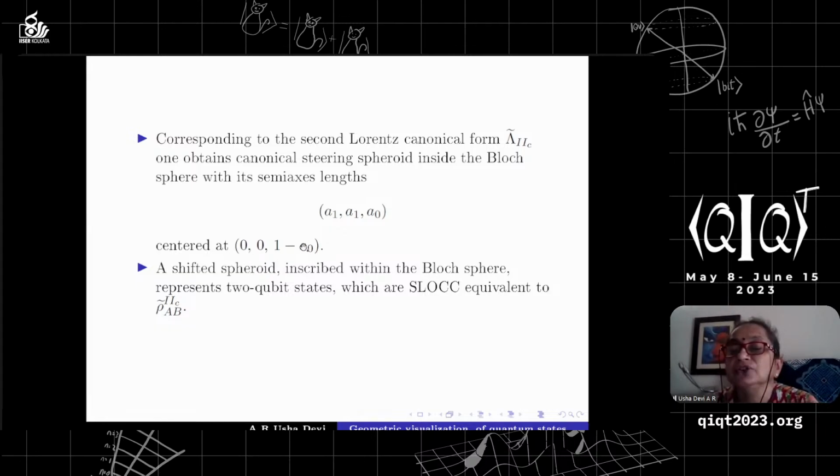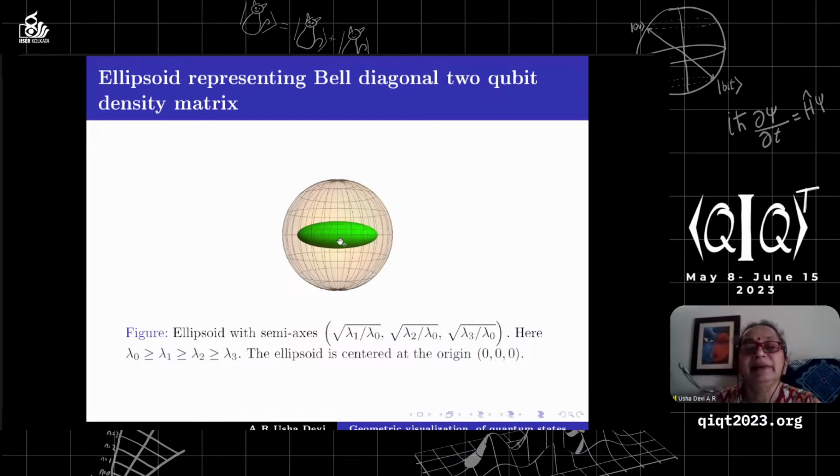So I notice that a 2-qubit state results in two different canonical forms when I do SLOCC transformations. In the allowed pictures, one is centered at the origin, and I have an ellipsoid here. Now I have to verify that all these conditions are satisfied, and if it lies within the Bloch sphere, then I have a corresponding density matrix which is physically valid.